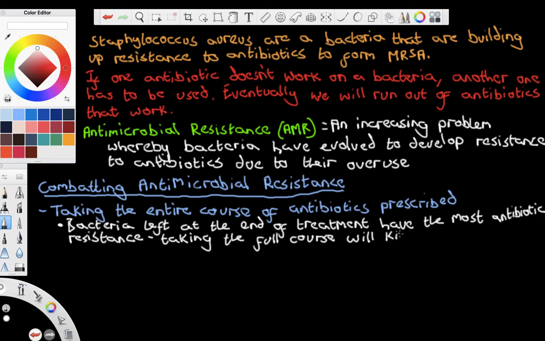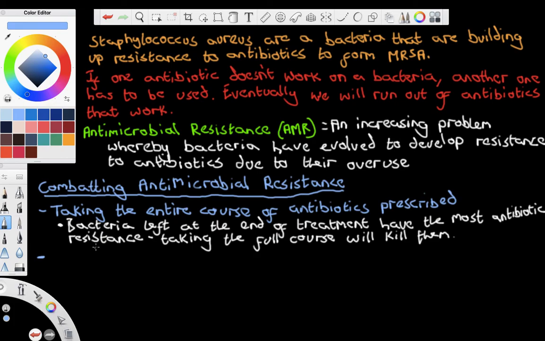Now, what we mean by this is if you are prescribed antibiotics by your doctor, a lot of people will feel better within a couple of days, and they'll go, oh, I won't take the rest of them tablets, I'll just flush them down the toilet or put them in the drawer for use if I get ill again. That is the worst thing you can do. Even if you feel better after 3 days, you should take the antibiotics for the next 2 weeks or however long your doctor has asked you to take them for. Okay? This way it ensures that all of the antibiotic resistant bacteria are killed, or at least the majority of them.